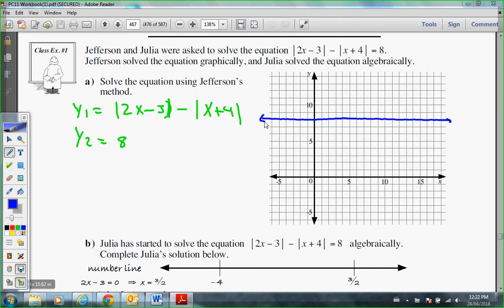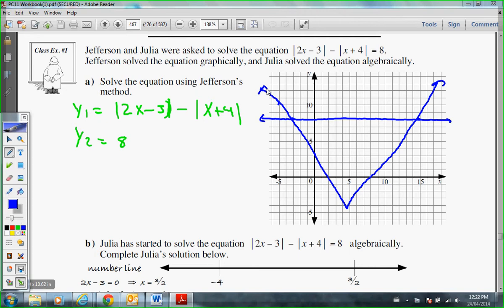Did I go too fast? Okay, it's -5, 20, -5, 20. Something like that is what your picture should turn out.